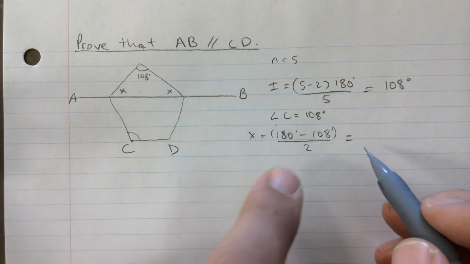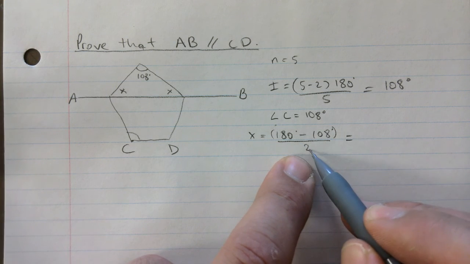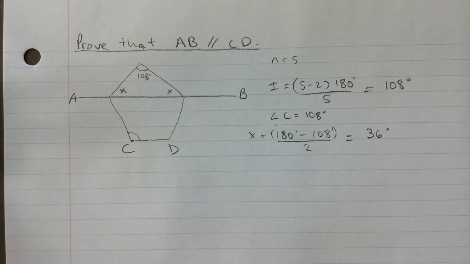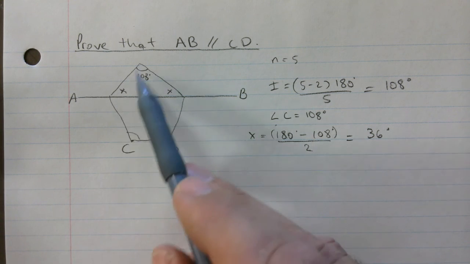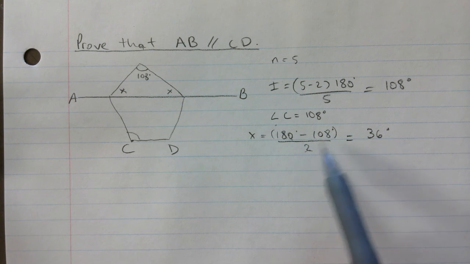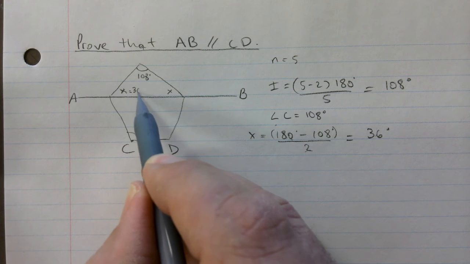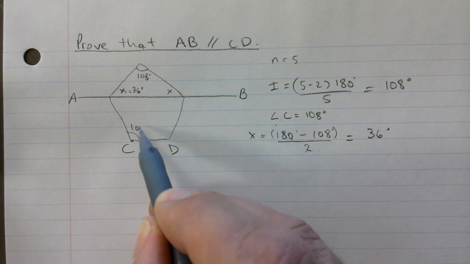And that is 72 divided by 2, which is 36 degrees. Remember, there's a triangle here, and that's why I'm using this formula to get the 36. I'm going to write it in here. This is 36. This is 108.